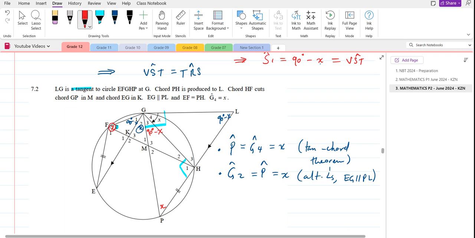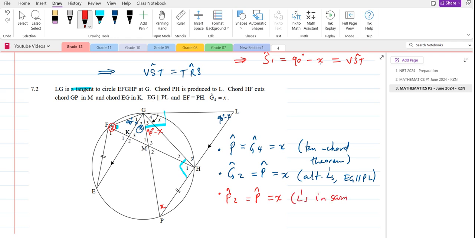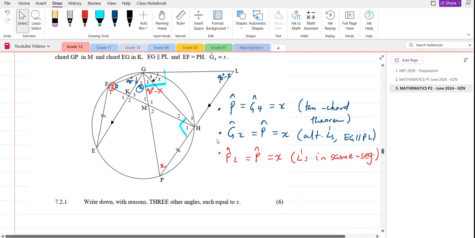So angle F2 is equal to angle P is equal to x. That's angles in the same segment. Perfect, guys. Excellent. Right, let's move on to the next question. Three other angles each equal to x. So there's the three angles.